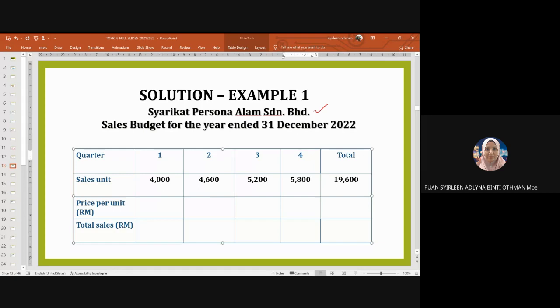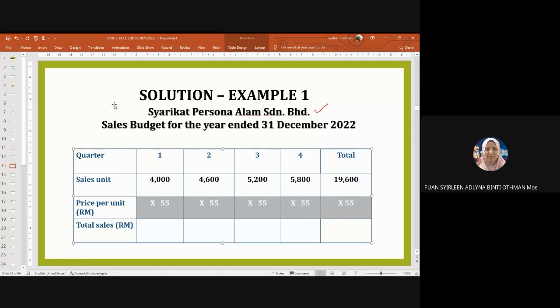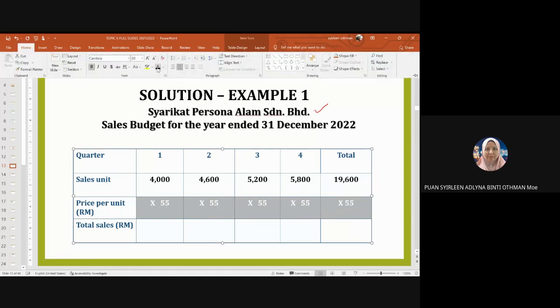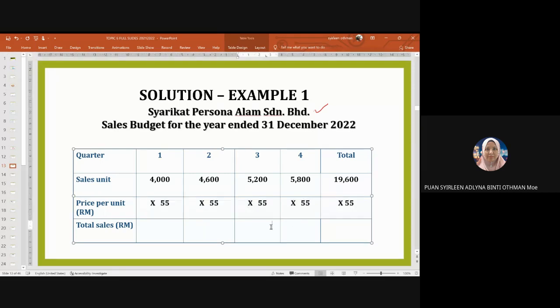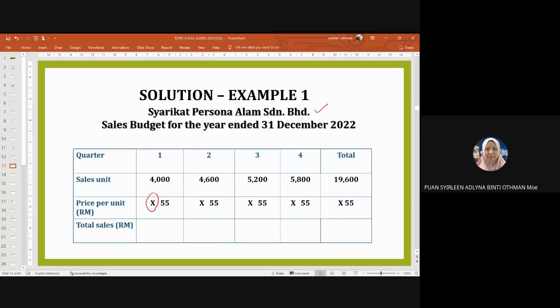Alright, your selling price remains kan, dia constant kan for the whole year. The selling price is 55 ringgit. Okay, so sampai belakang tu pun saya masih tulis 55. Okay, yang ni dalam nota you tak tulis ya. Kenapa you tak tulis? Sebab you tengok balik dekat nota you, dia dah ada multiply dekat sini.